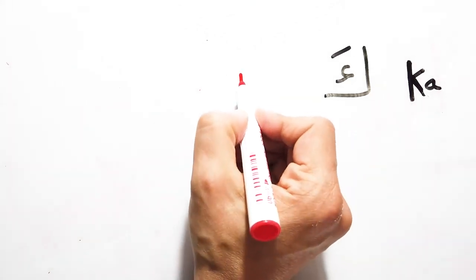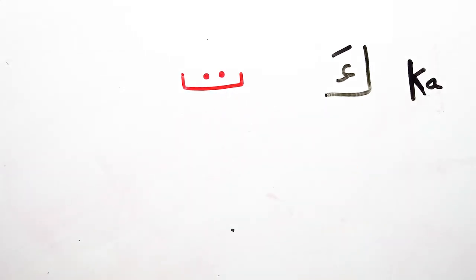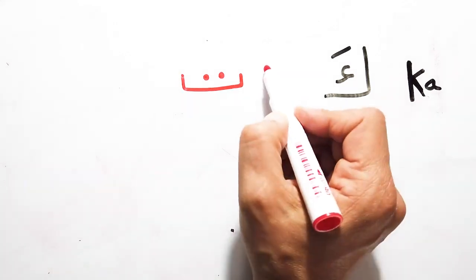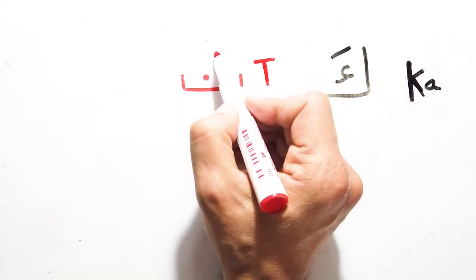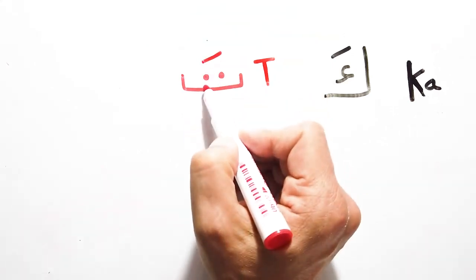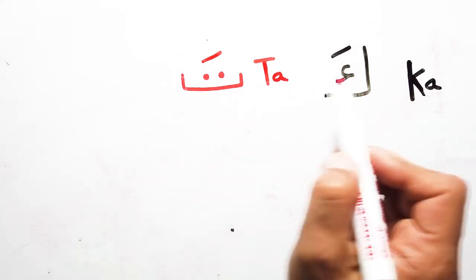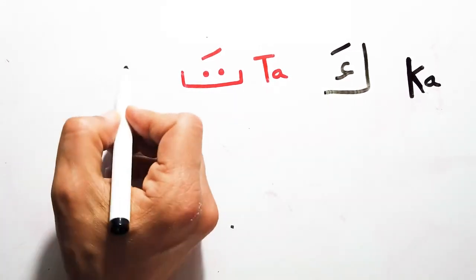This letter has the sound of letter T. So now I have the sound of T. If I add this mark on the top, it will be T. T, K, T, K, T. Okay, let's add another one.